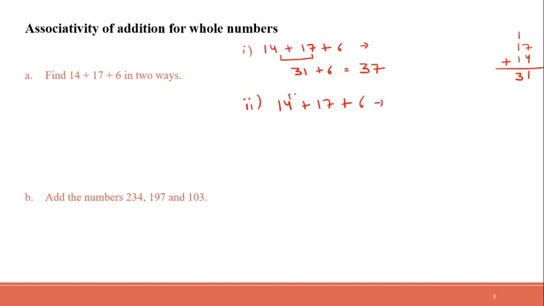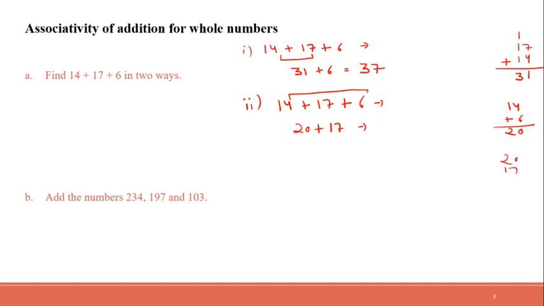Another way of finding this addition is this: 14 plus 6, plus 17. Now I'll associate these two numbers first. Why? Because it will make a 0 here. Add 14 plus 6. What will you get? You will get 20. This is simple. So I simply write 20 plus 17. Now I can add these two orally.